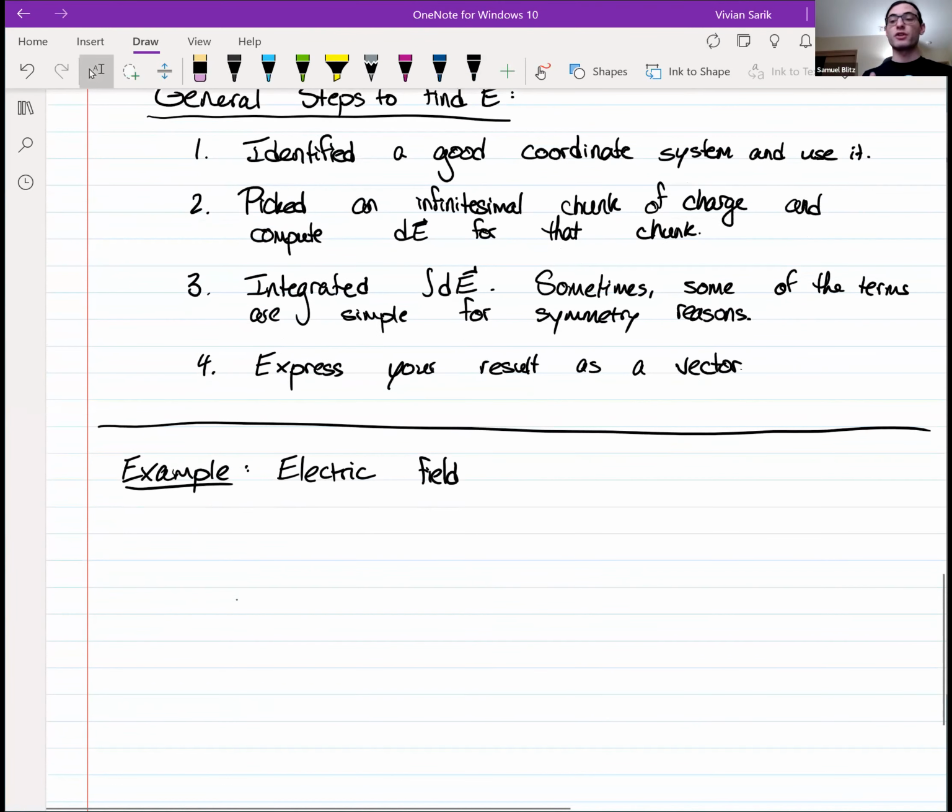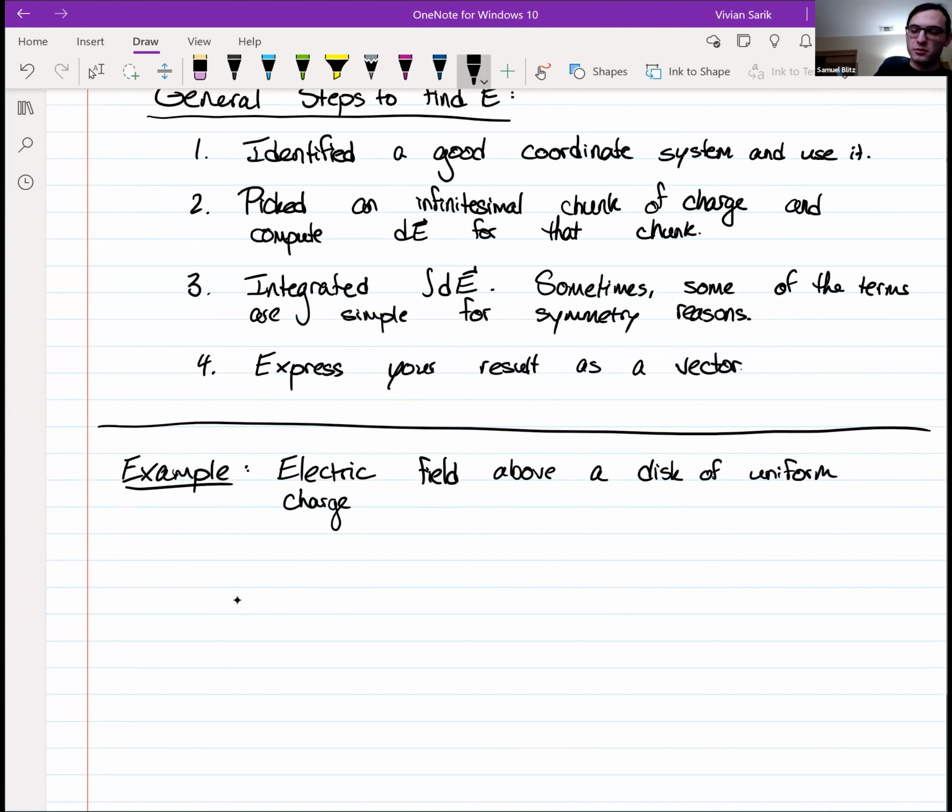Right, so we want the electric field again, because the electric field's always useful. We want the electric field above a uniform disk, above a disk of uniform charge density, rather. So we're going to work that out. Slightly more complicated, right?